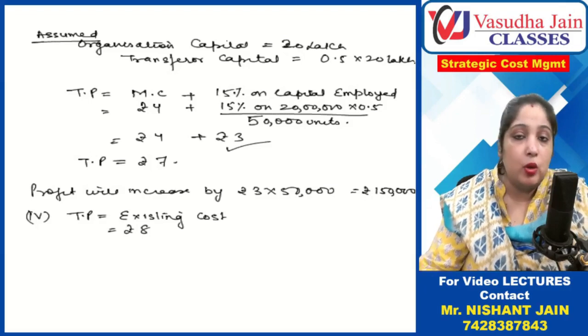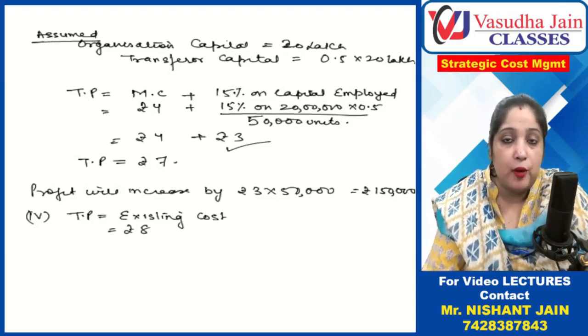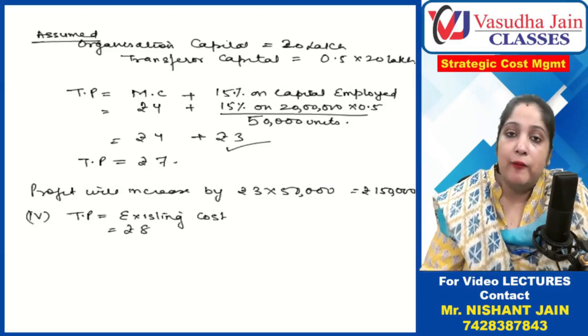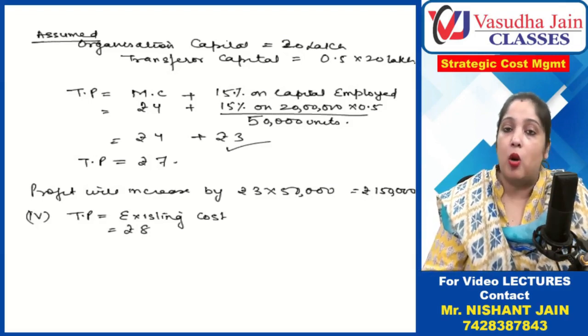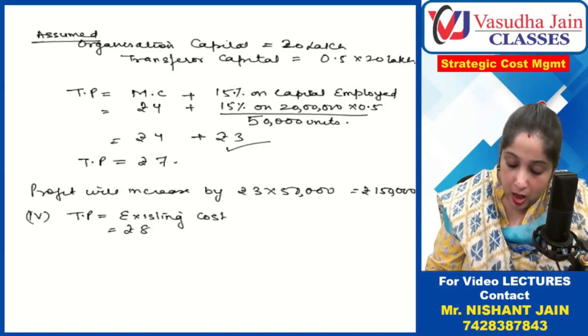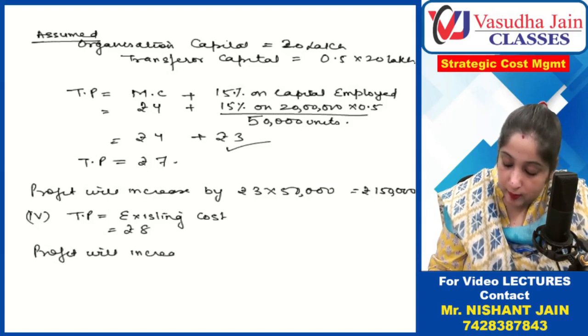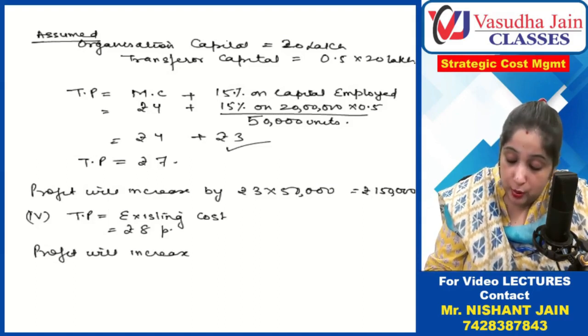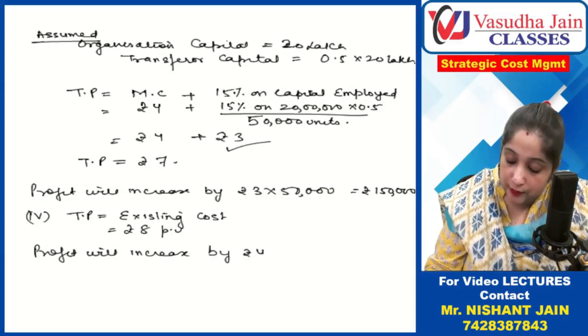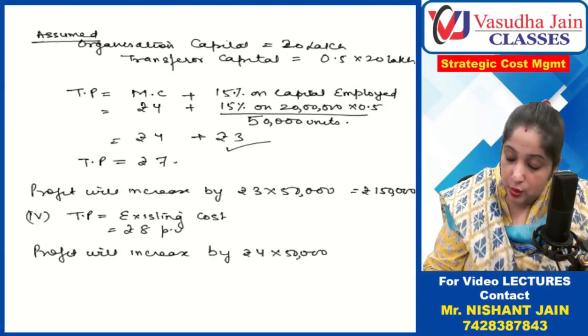Anything which you get more than 4 rupees, because that is your marginal cost, variable cost to manufacture a good, that is your profit, because already you are not affecting your outside sale. So how much profit will be affected? Profit will increase if you charge 8 rupees per unit from Transferee Limited. So profit will increase by rupees 4 into 50,000 units, that is 2 lakh rupees. Your profit is going to increase.